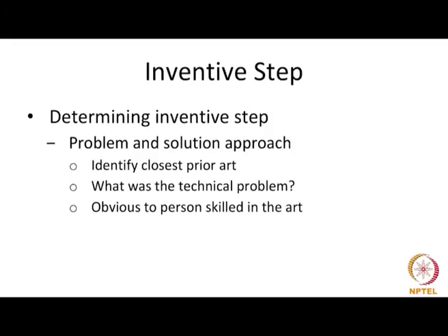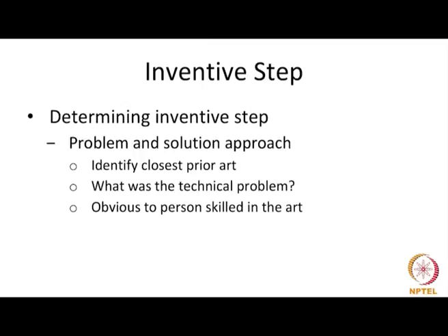So, if we understand the problem to be solved by the paper clip as holding paper together without damaging them, then we will say that the objective technical problem to be solved is to manage papers together without damaging them. Now, we have the closest prior art, which is a steel wire, and we have the problem of managing paper together without damaging them.